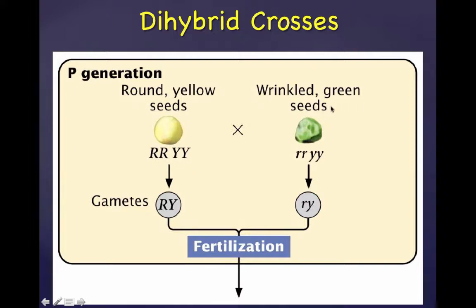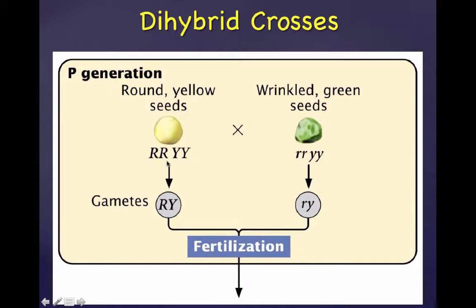And our second parent is homozygous recessive for wrinkled seed shape, little r, and green seeds, little y.